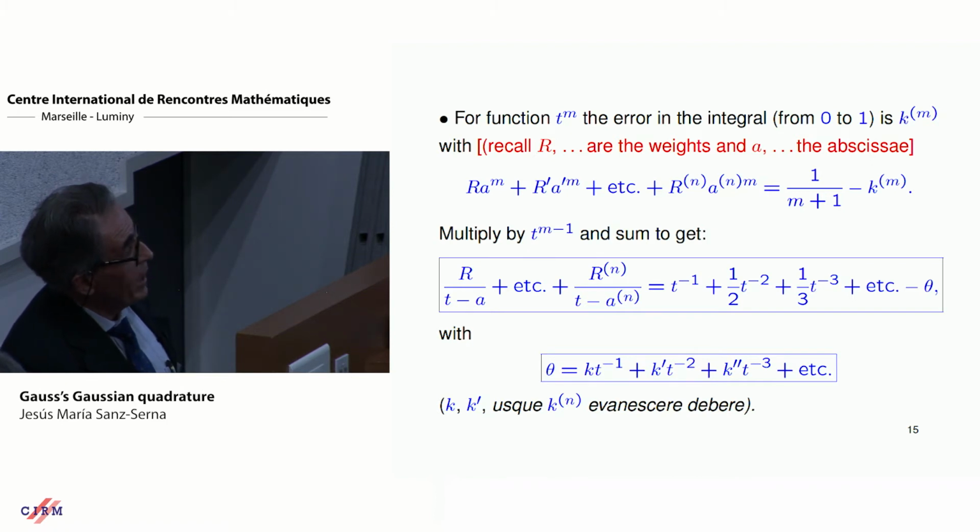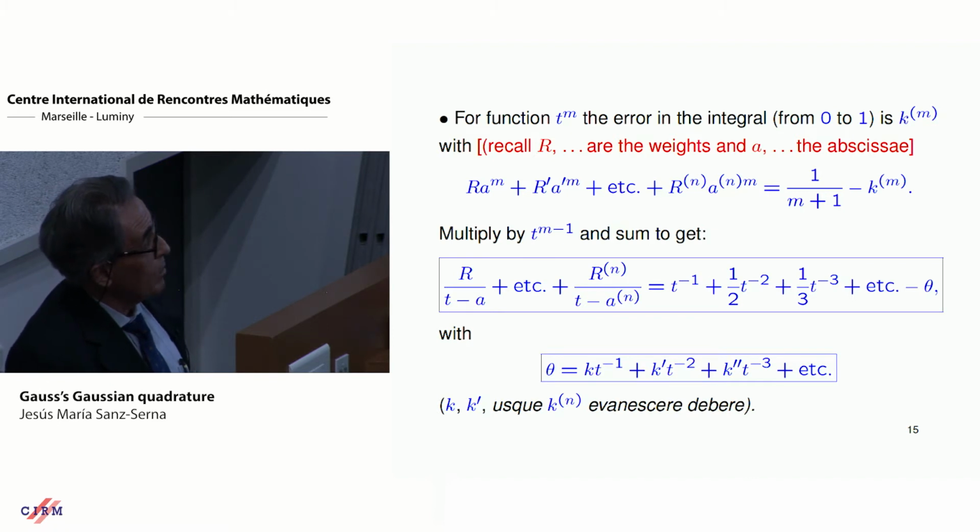And then he multiplies across by t to the n minus 1, and he gets this identity between functions. So this is this strange function that has appeared before, this rational function. This theta is a rational function whose coefficients are the errors, and this is the rational function associated with the quadrature.